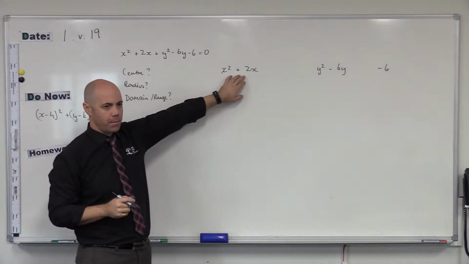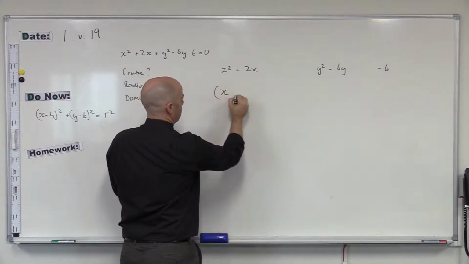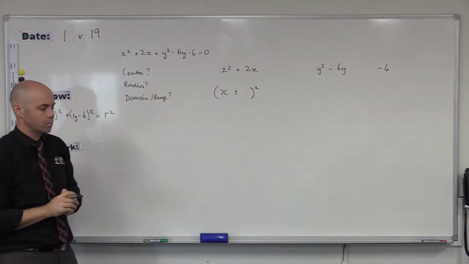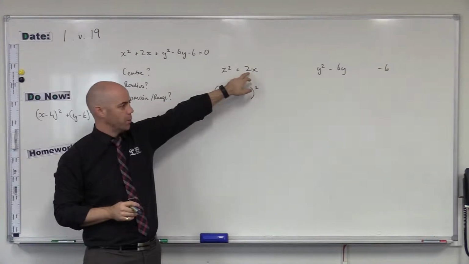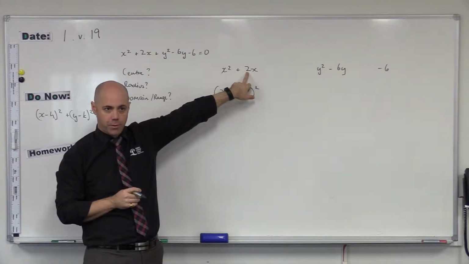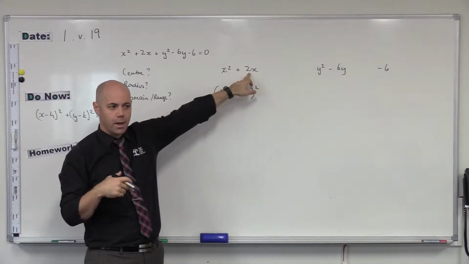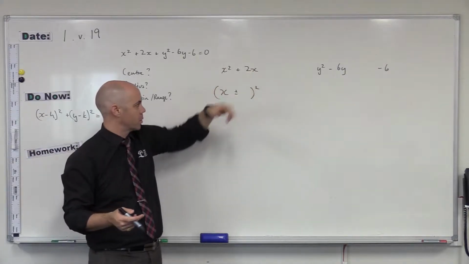Now, if you remember, we want to get back to something that looks like x plus or minus something, all squared. When we complete the square, we look at the coefficient in front of the x term, we halve that and square it. Half of 2 is 1, square is 1.